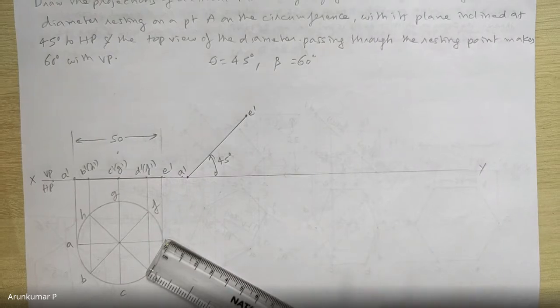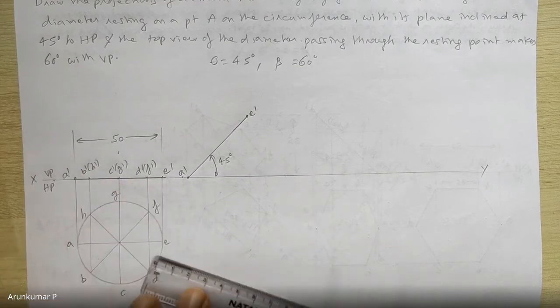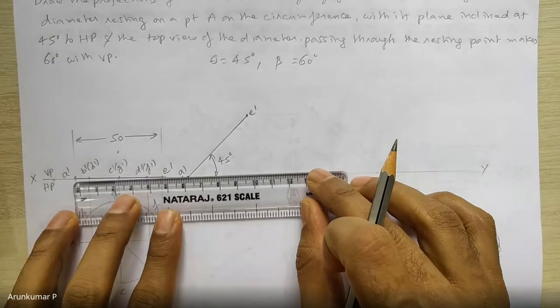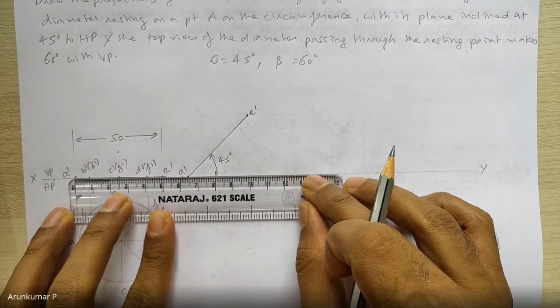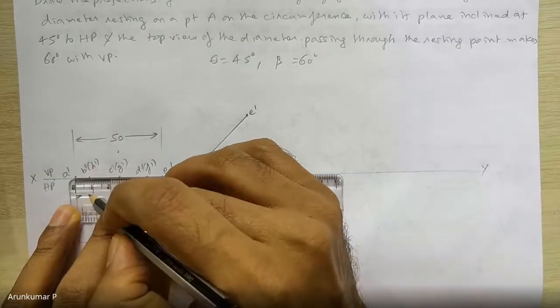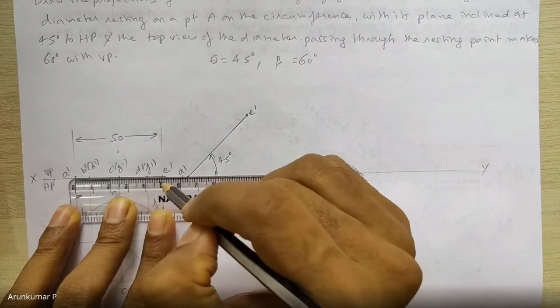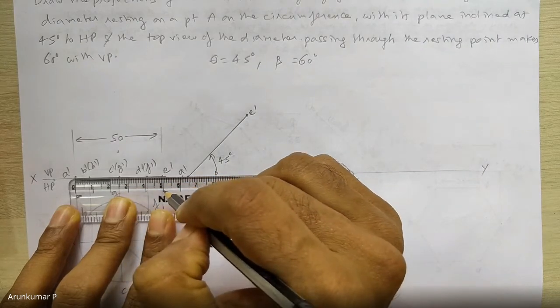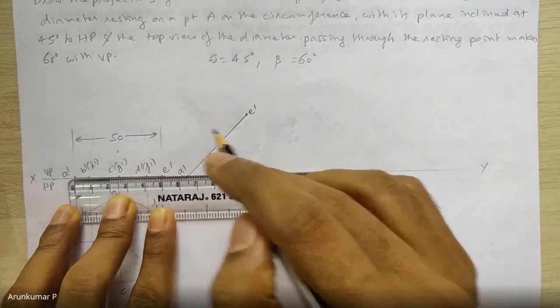Now these points B, H, C, G, and D, F, you have to locate on that line. You can either use a rounder or you can measure these lengths. Around 8 mm for B dash, D dash is exactly at 25 mm, and C dash at I think 42 or 41 mm.